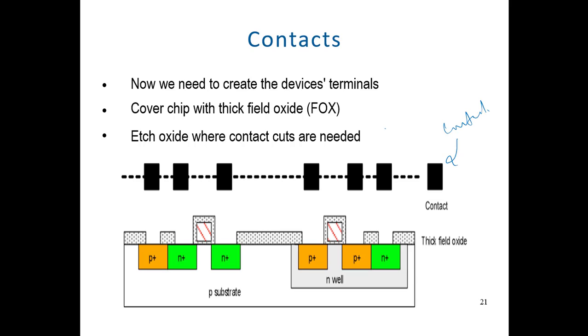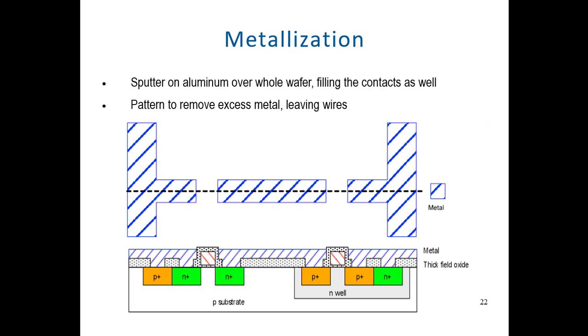You have the mask, you pass the ultraviolet light, and you develop these different contacts. The contacts, I told you, are there to form the physical connections. If you want to short two types of regions, you have to use the metal contacts. If you want to short your source to, for example, VDD or to ground, you need these contacts.